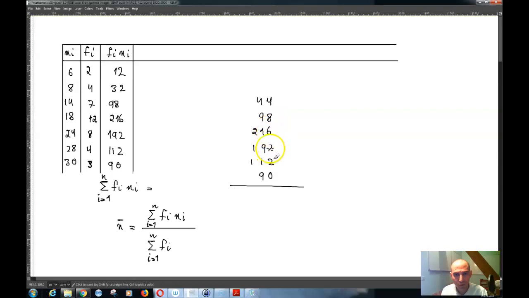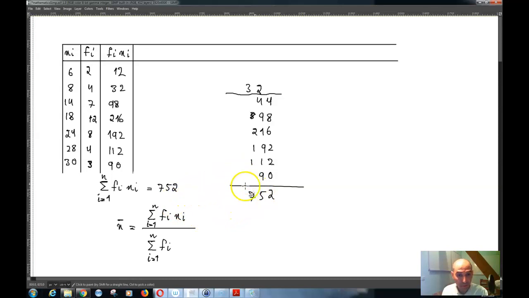Adding them up, we get 752. That is sigma f of i x of i, so that's 752.